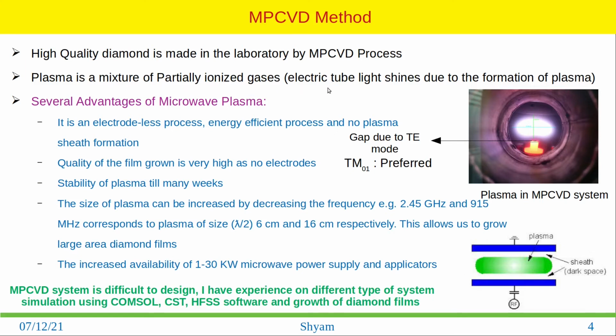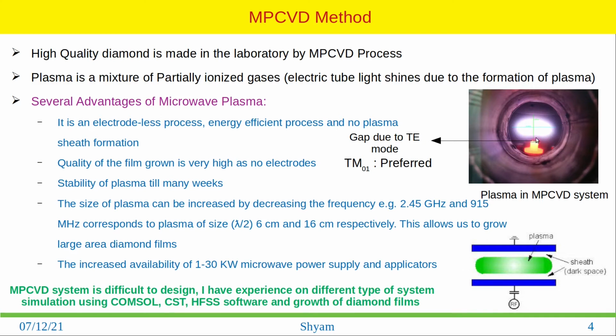If we take a real life example, our electric tube light, which everyone has seen, shines due to the formation of plasma inside, because we have a gaseous medium and a high voltage that discharges it and makes the plasma. In the microwave plasma system, I have shown how the MPCVD plasma looks.